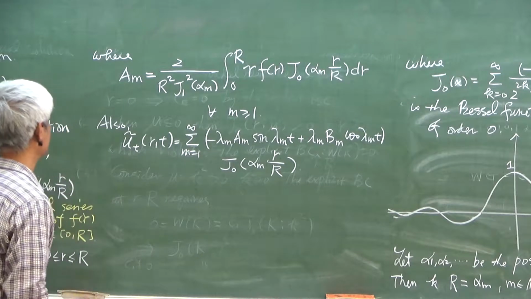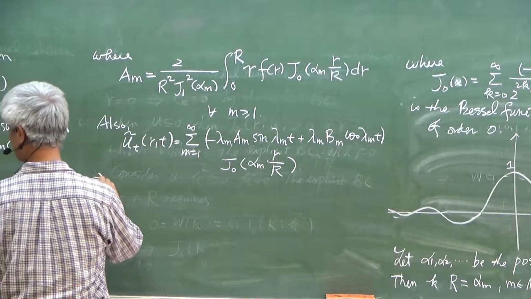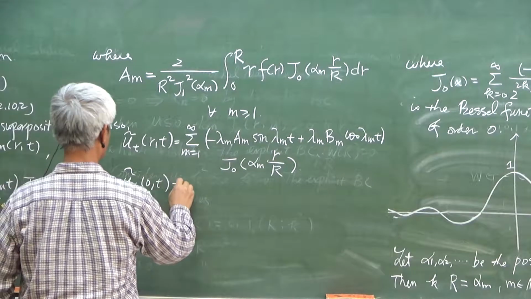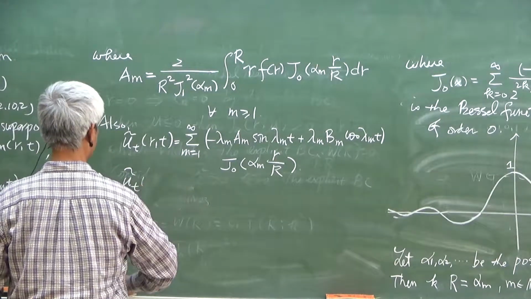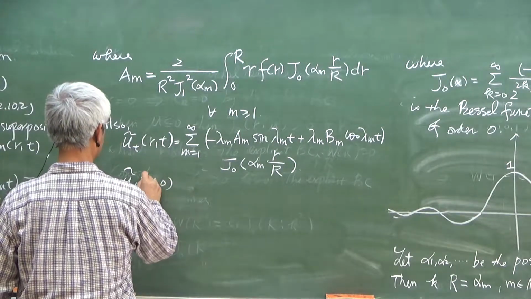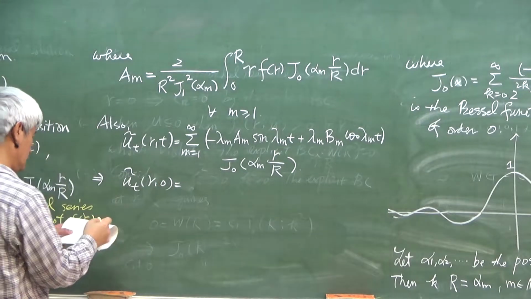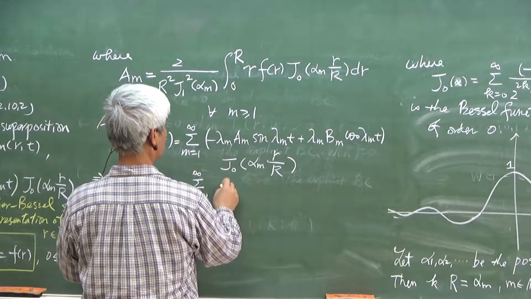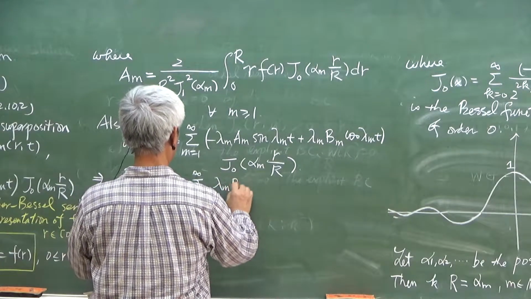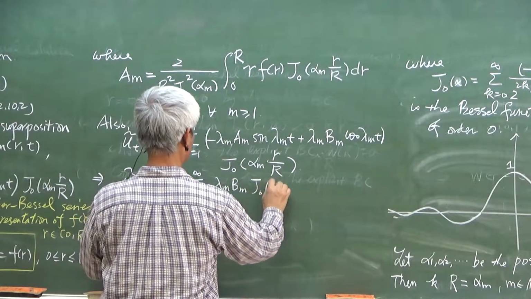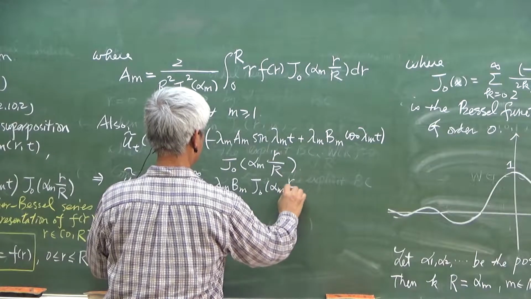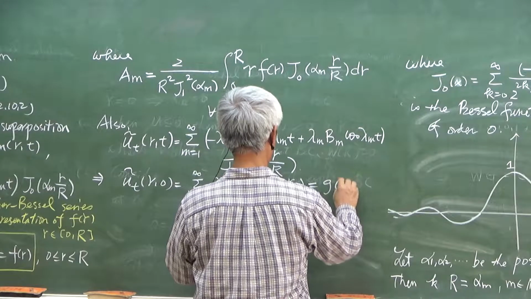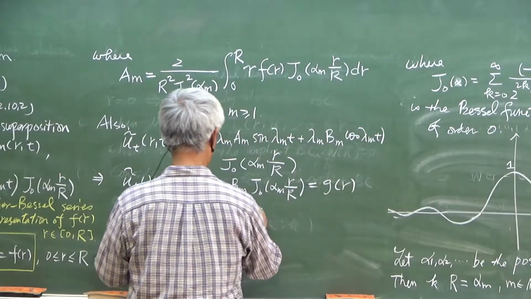Okay? Implies that U tilde_t at t equals 0, the initial velocity, becomes the sum of lambda_m b_m J0(alpha_m r), equal to g(r) for 0 less than r less than R.